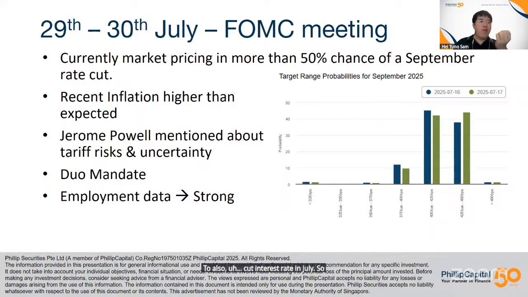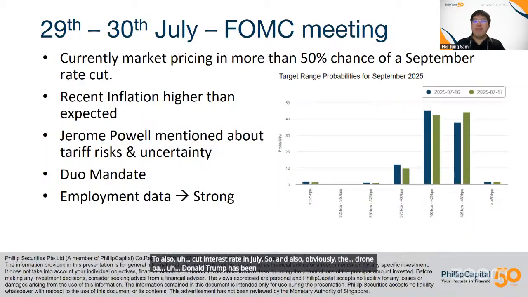And obviously Donald Trump has been pushing the Fed to lower interest rates. So we have to see what they say. And even for September, it's a 50-50 chance that markets are currently pricing in.